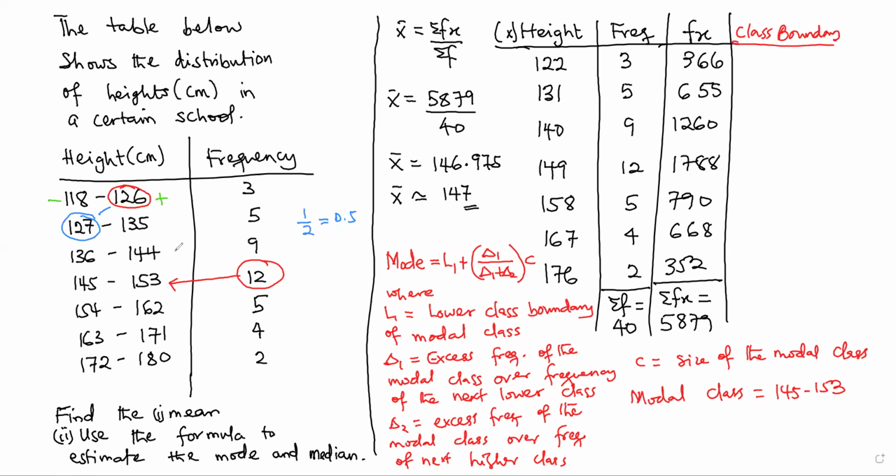Having said that, let's move. If I subtract 0.5 from 118, I'm going to get 117.5 to 126.5. Now this one becomes 126.5 to 135.5, in that order.